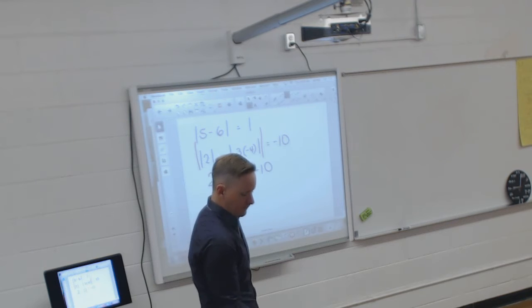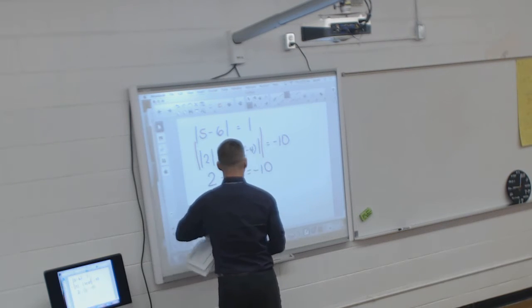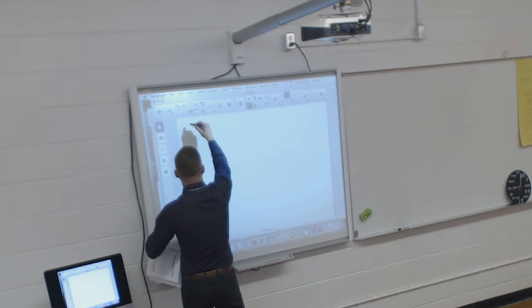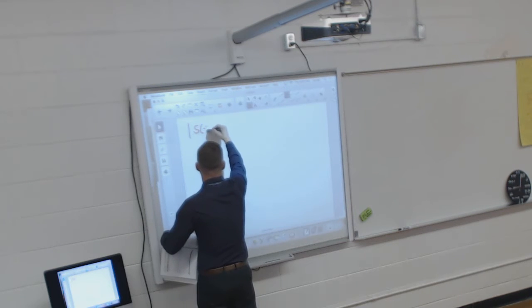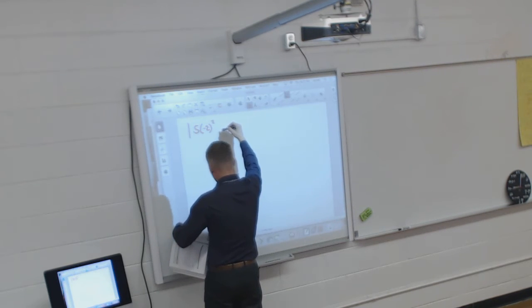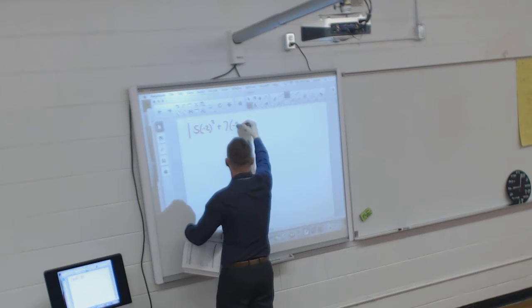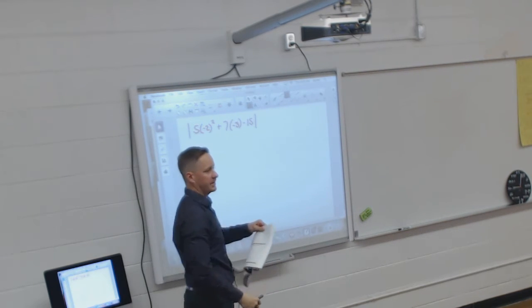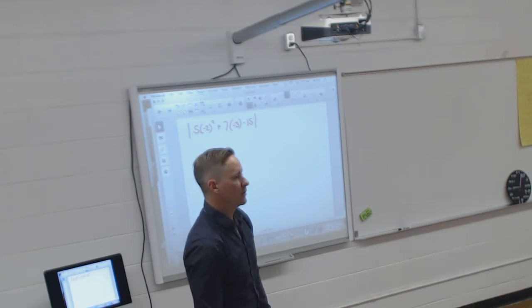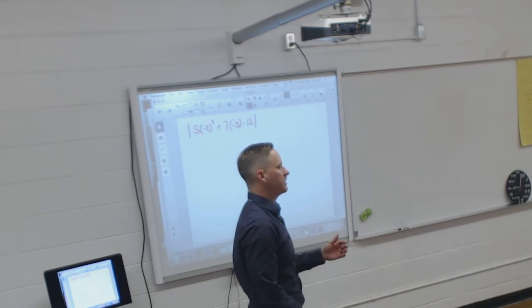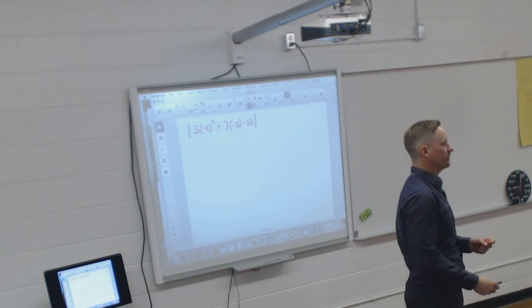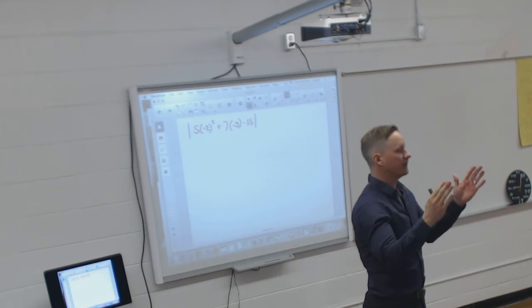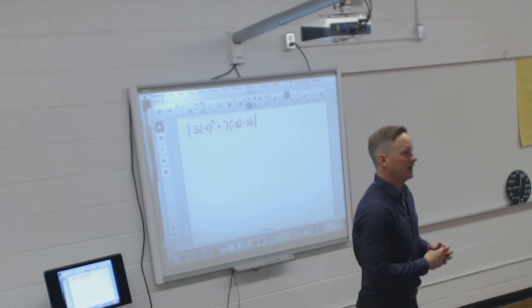Okay? So, now look at C then. I have 5 times negative 2 squared plus 7 times negative 3 subtract 15. And then the whole thing is absolute value. So in this case, your answer is going to be a positive value because you're taking the absolute value of the whole expression, right?